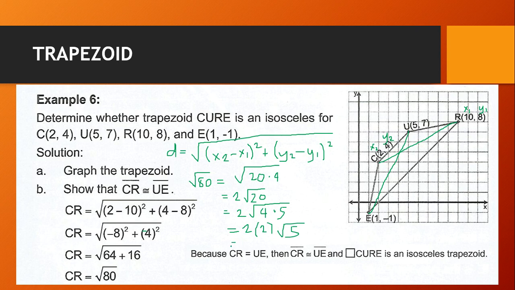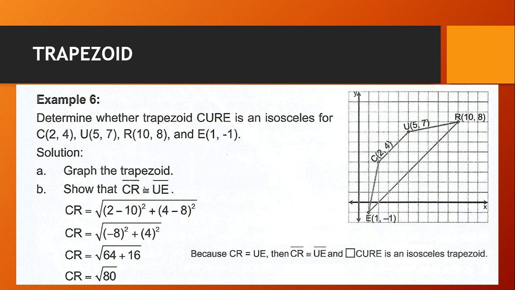Then it equals 4 the square root of 5. So the distance of CR is the square root of 80, or 4 the square root of 5 to be exact. Okay, next, we are done with the CR.